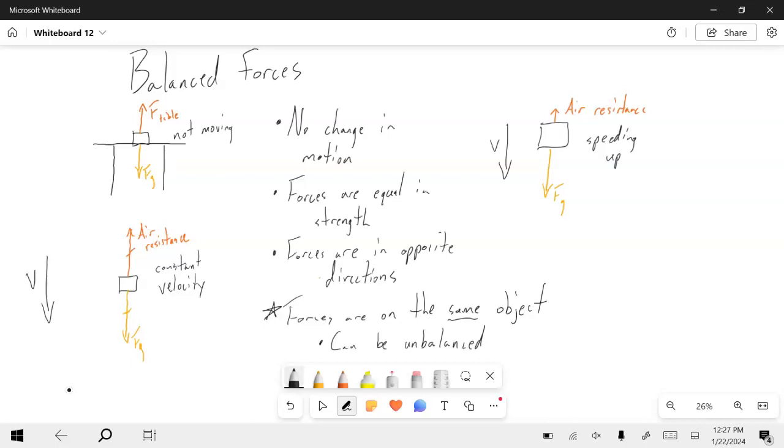But when we're talking about balanced forces, those forces are on the same object. Okay, I'm actually going to rewrite this and take it away from here.